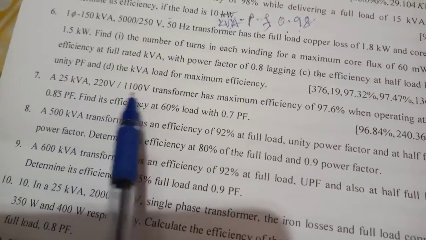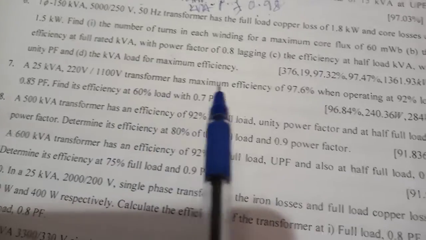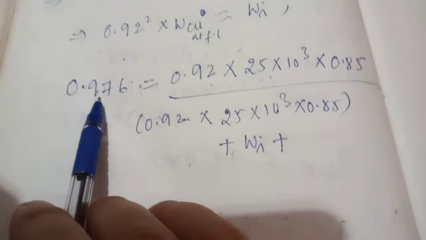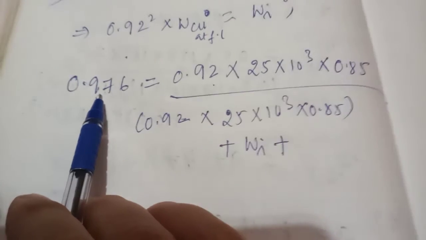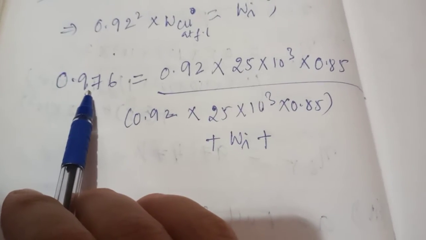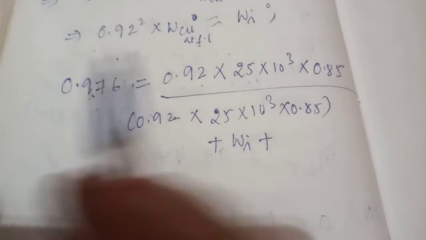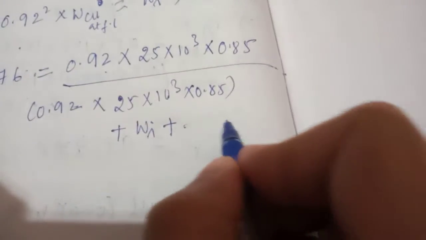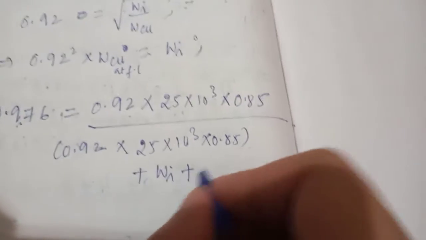They have given, see here, a 25 kVA transformer has maximum efficiency at 97.6%. It is a maximum efficiency. When the maximum efficiency comes, Wi must be equal to WCU, right? So Wi must be equal to WCU means instead of writing x squared WCU, can I write Wi only? Yes, I can write like this.